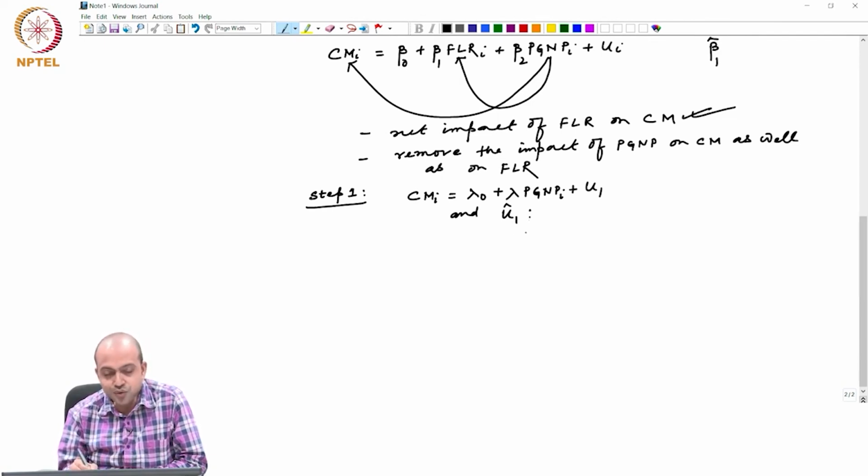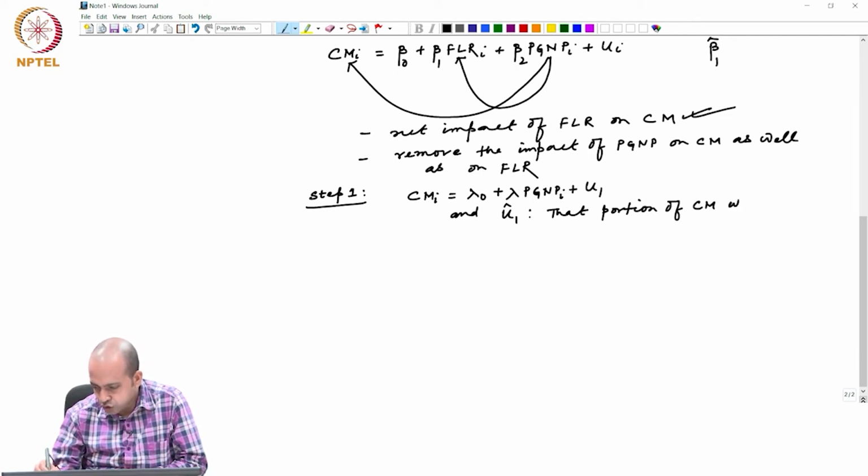So, u1 hat indicates that portion of CM which is unexplained by PGNP.